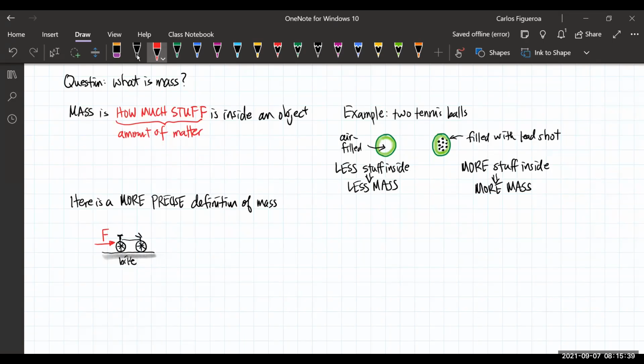And so compared to what? A truck. Now let's say that this is a truck here. So when I look at this truck here, I'm also going to apply the exact same force on this massive truck.